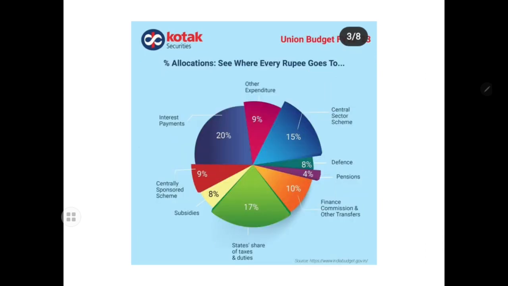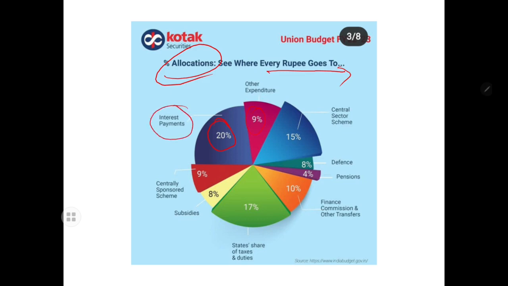Let's go to the next, and this is the percentage allocation of where our rupee goes in the expenditure. First is 20%, the largest, for interest payments.